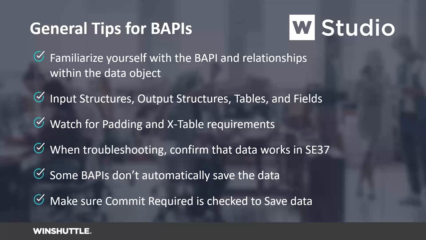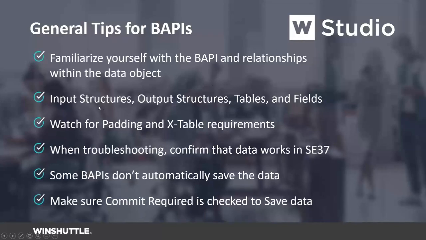For example, if you were creating a PO, you would need to know which structures to include to get your PO header information, and what fields to include for your line items, perhaps for your schedule line items. So it does require a little more awareness of how these objects relate to each other within the BAPI.